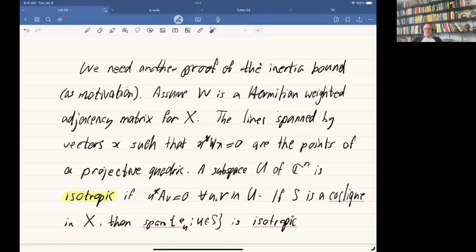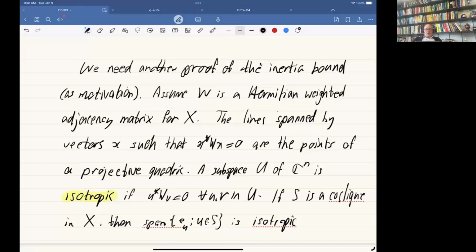Now, in any case, we have this set of points, and I'm calling it a projective quadric, and a subspace of C^n is isotropic if x_u star W x_v is 0 for all u and v in U. So in the previous proof I gave you, I had that subspace spanned by the vectors e_x for x in the co-clique S. And I did basically prove that subspace was isotropic, but didn't use the words.